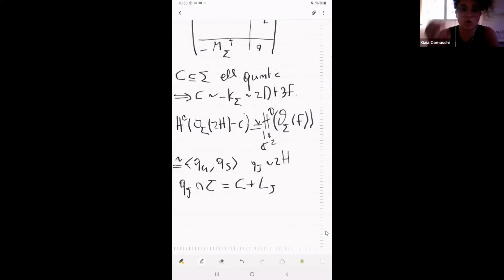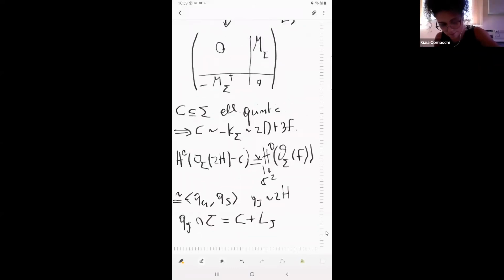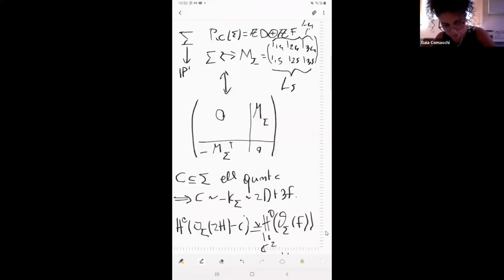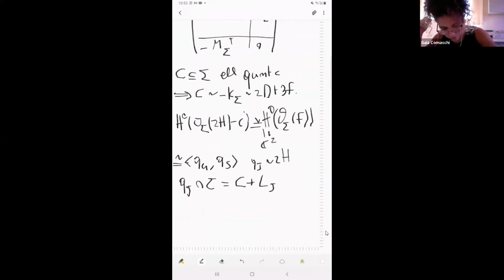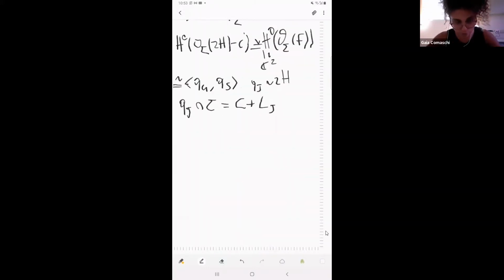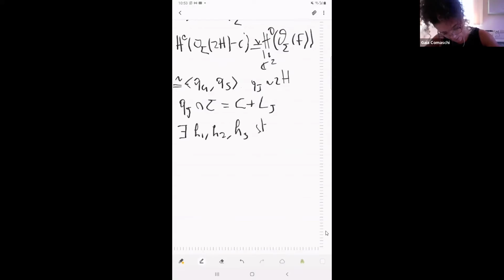These are all of the form quintic plus a line in the ruling. So now we take the two lines of the ruling, so L5 and L4. We will determine two quadrics, Q4 and Q5. And so in particular, we will be able to find linear forms H1, H2, H3, such that Qj might be written as the sum over i of Hi Lij.